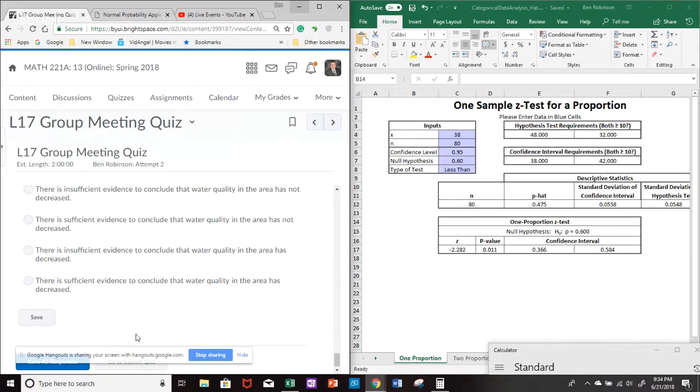Okay, we have sufficient evidence. There is sufficient evidence to conclude that water quality in the area has decreased. That's what I think it is too. Yep. Me too.